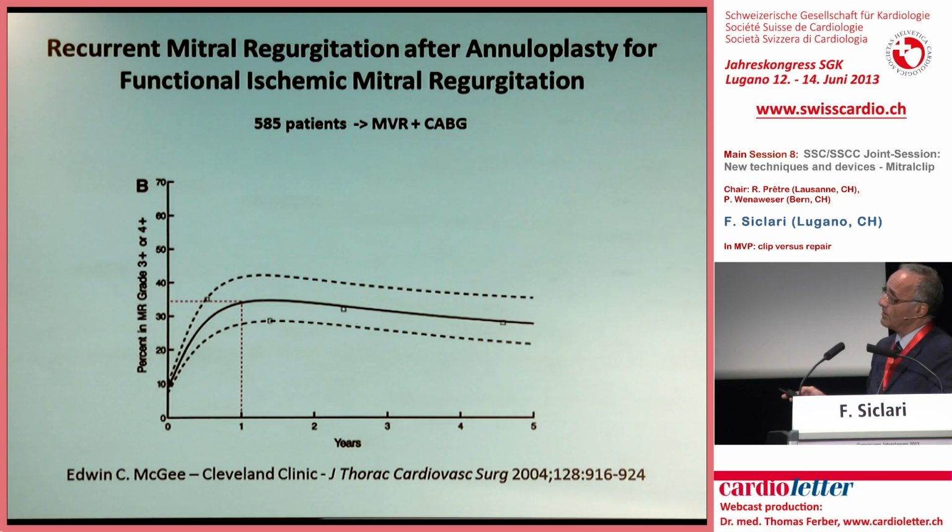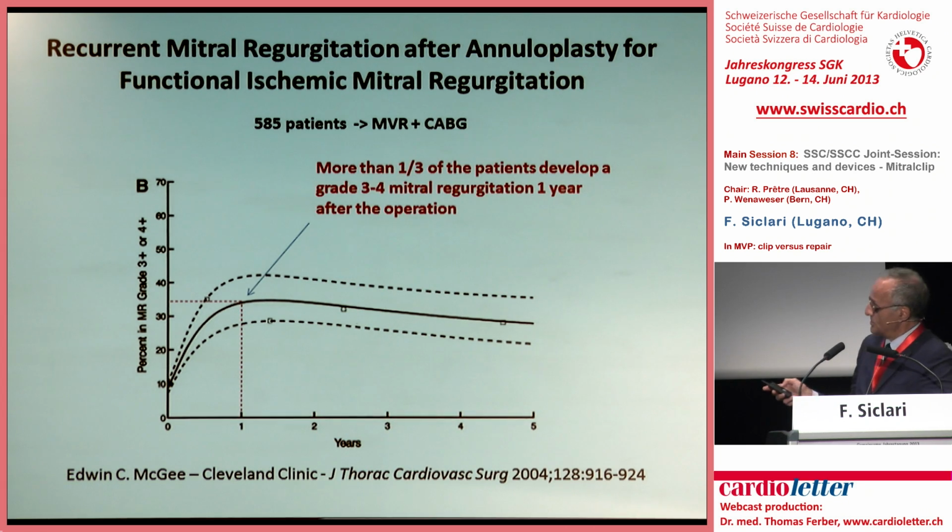So the most common operation that we perform is usually a restrictive annuloplasty in these cases. And we have some results here which point out that almost 1/3 of the patients develop grade 3 to 4 mitral regurgitation 1 year after the operation. So these kinds of results are not as good as we would like to have.